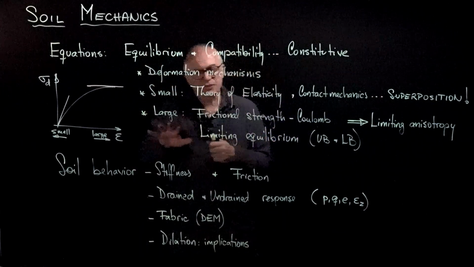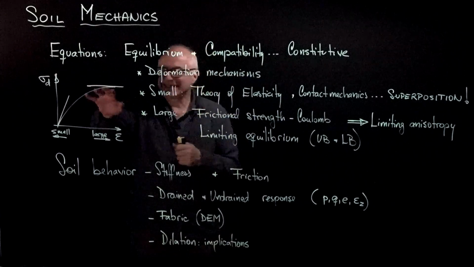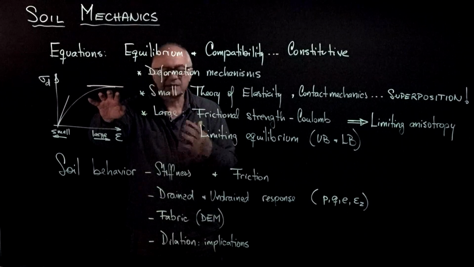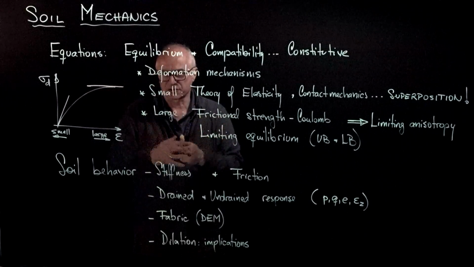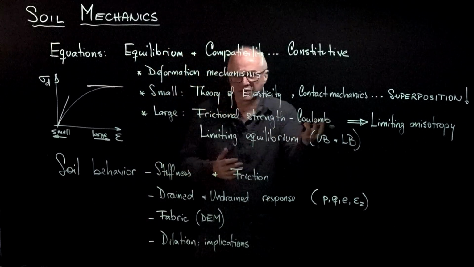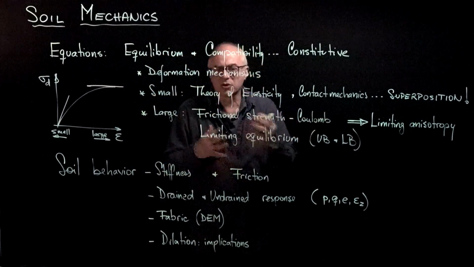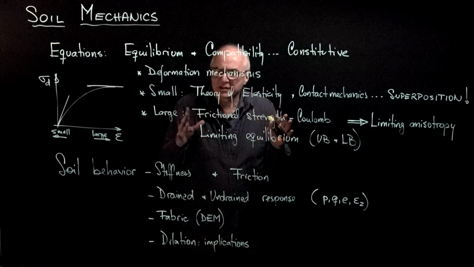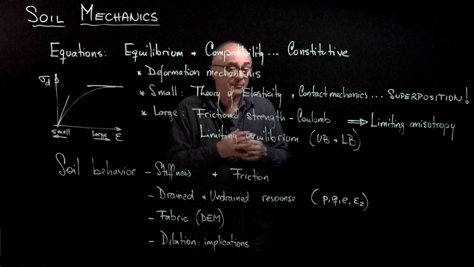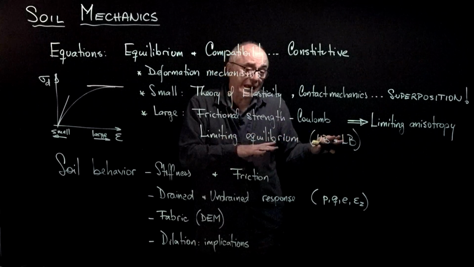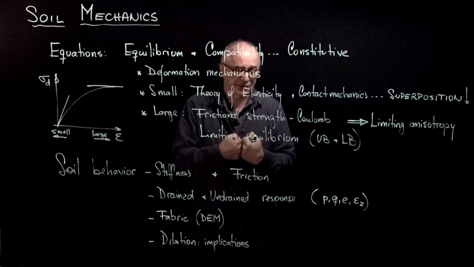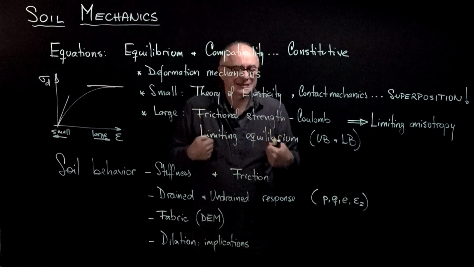Now, for larger strains, this ability of the soil to resist shear is intimately related to its frictional strength, as is well captured in Coulomb's equation from 1776. The maximum shear stress is proportional to the normal stress. And because the water doesn't take any load, it is all about effective stress, what is effectively carried by the skeleton.